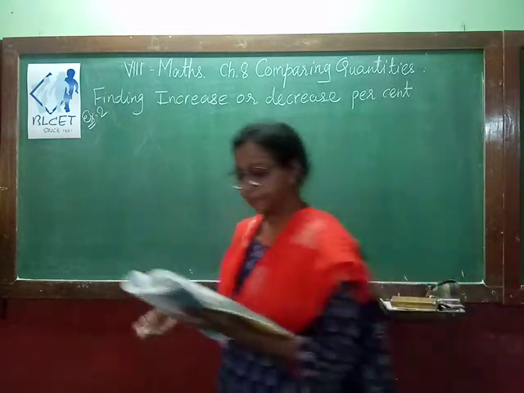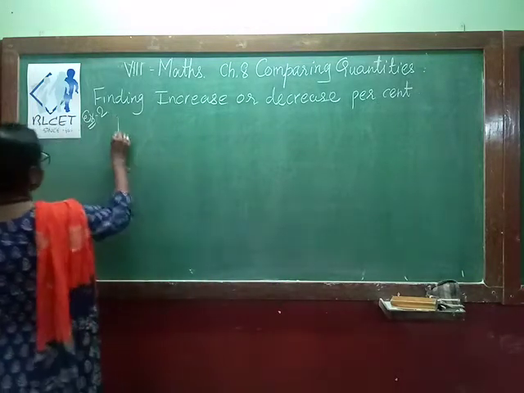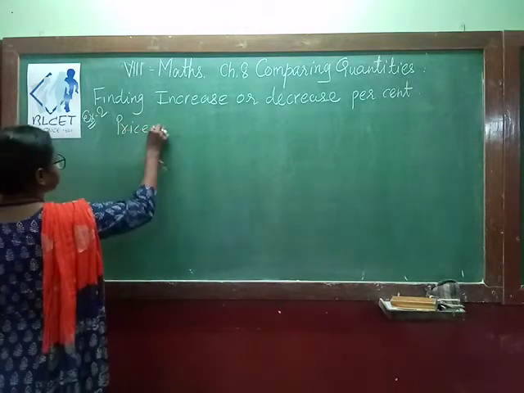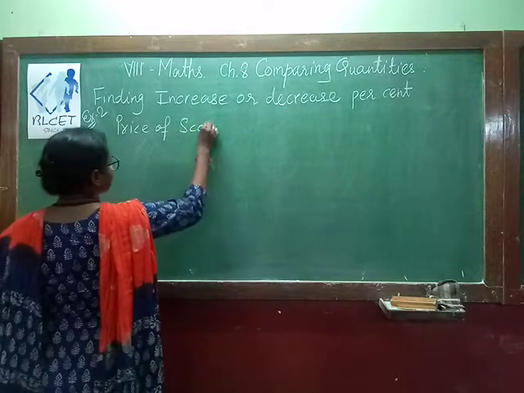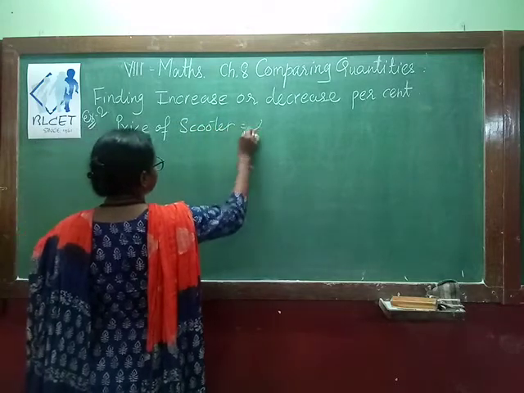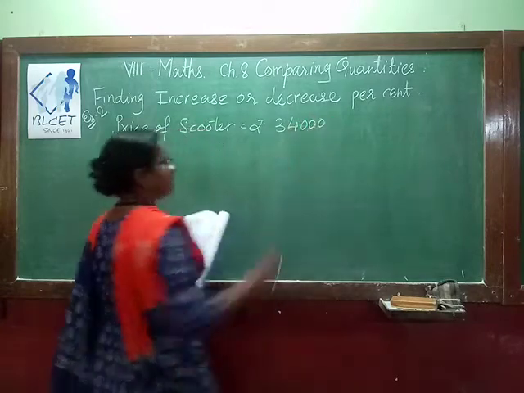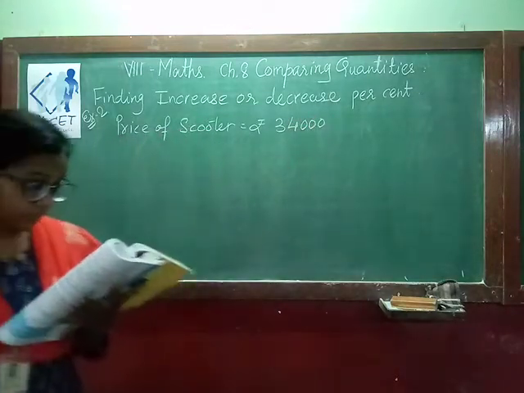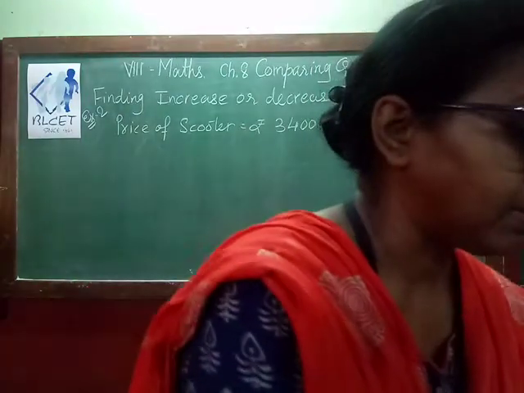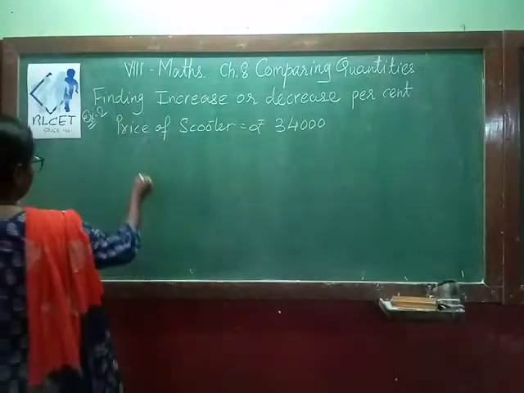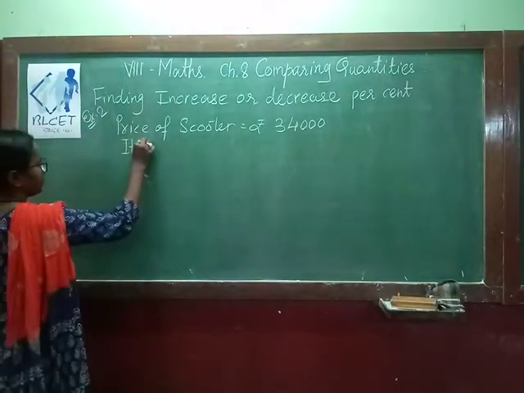So let's see. What is the price of the scooter? The price of the scooter is equal to rupees 34,000. That is for last year. Now it increased by 20%.